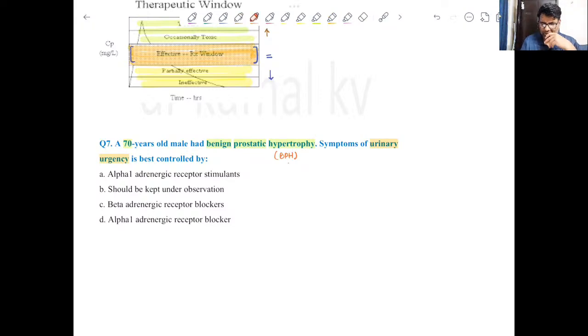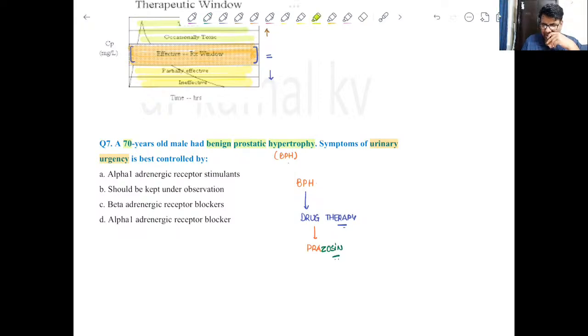I think most of you must be knowing. For benign prostatic hypertrophy, we use drug therapy that includes, say, the prazosin group of drugs. Clear? So we use prazosin.